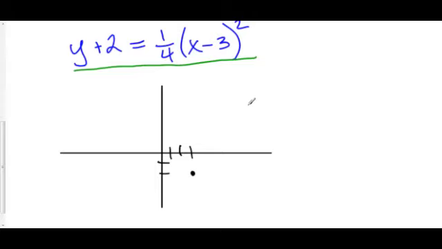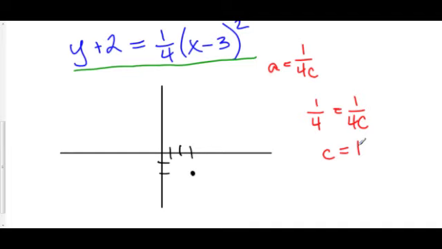So let's take a look exactly what it looks like, though. We know from an earlier formula that a is equal to 1 over 4c. Well, a is equal to 1 over 4, so that means that 1 over 4 is equal to 1 over 4c, which means that my c is equal to 1.